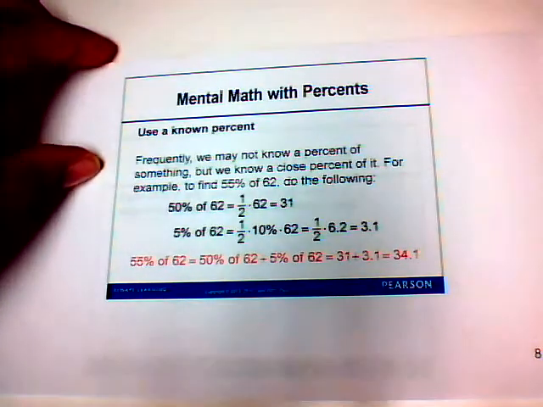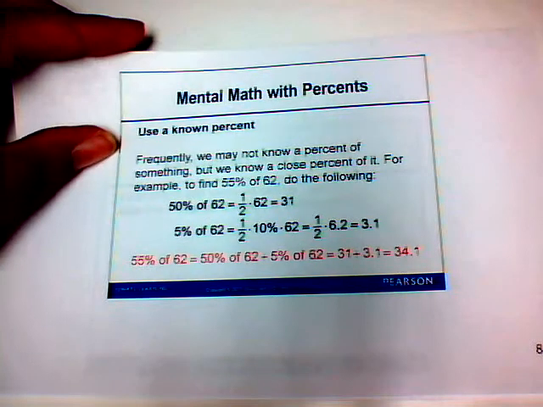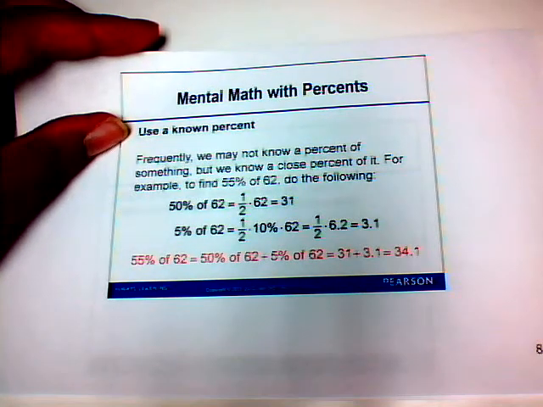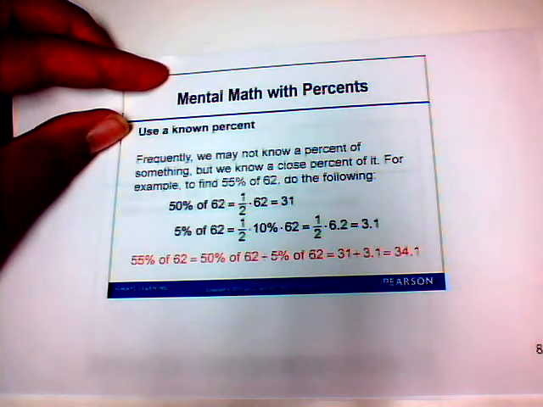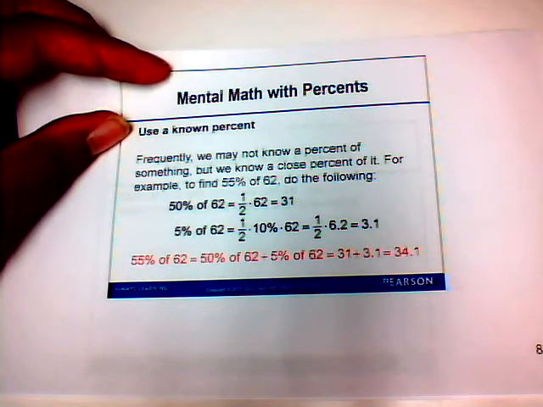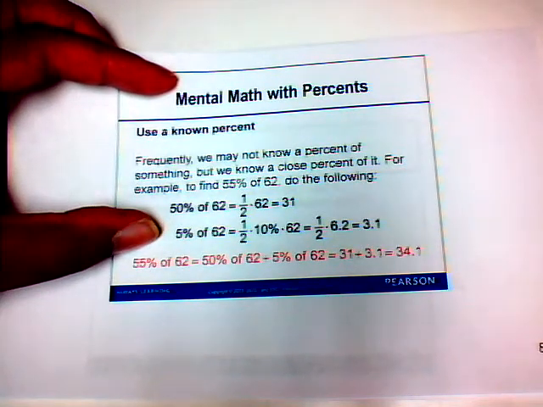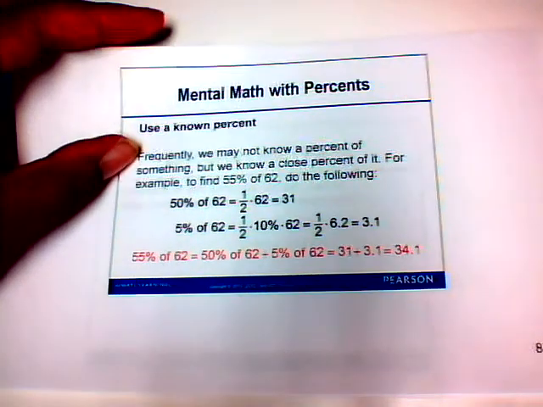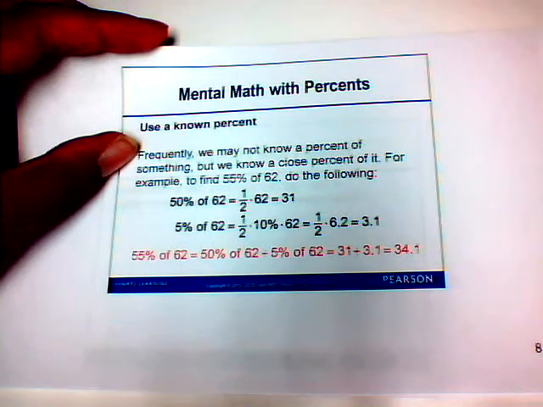Let's see. In using a known percent, frequently we may not know a percent of something, but we know a close percent of it. For example, to find 55% of 62, we can do the following. 50% of 62 would be this. Well, 50% is a half, so that's 1/2 of 62, which is 31. And 5% of 62 will simply be 1/2 of 10% of 62.